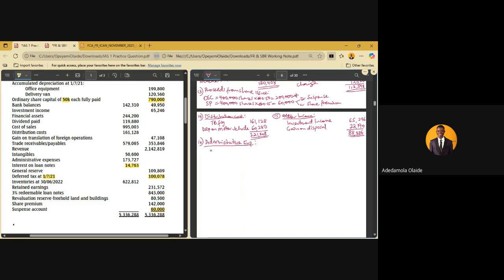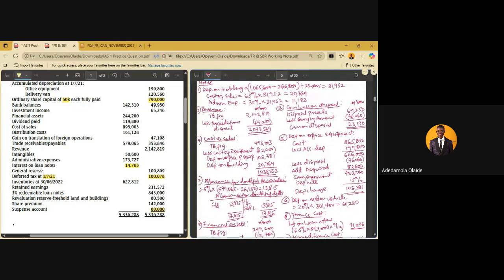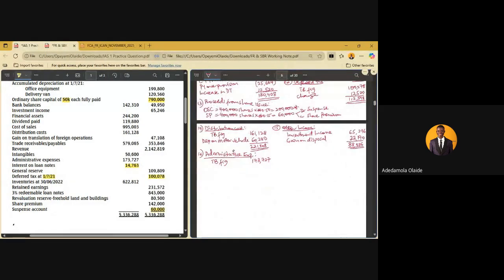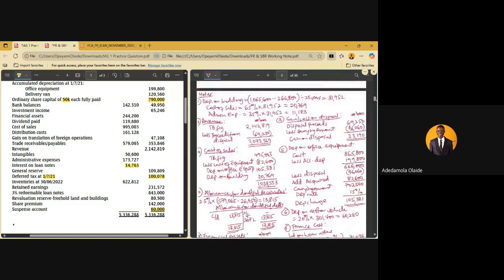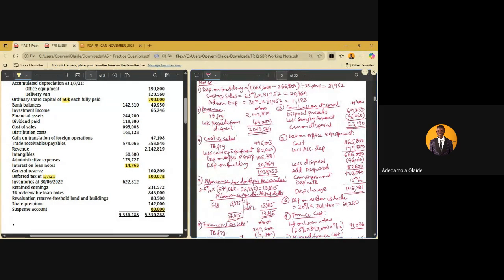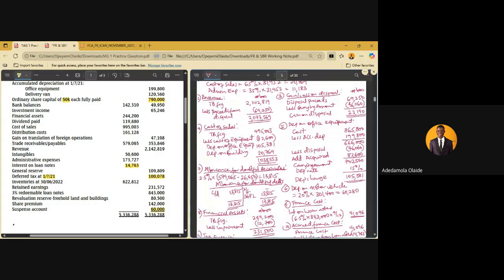In our administrative expenses, the trial balance figure is how much? 173,727. So our adjustments: we have depreciation on building, 11,183. Depreciation of office equipment was fully charged to cost of sales.